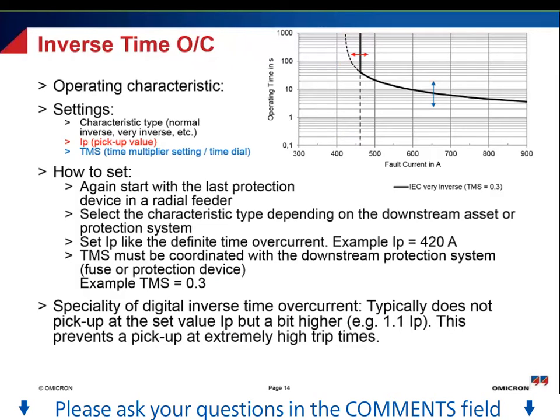Oftentimes this factor is built into a relay. For example, 1.1 is something that you often cannot change, but depending on the manufacturer, it could be 1.05 or 1.2 or something in this area. Just be aware that digital relays typically will not operate directly at the pickup value, but somewhere above, just to avoid very, very long trip times.